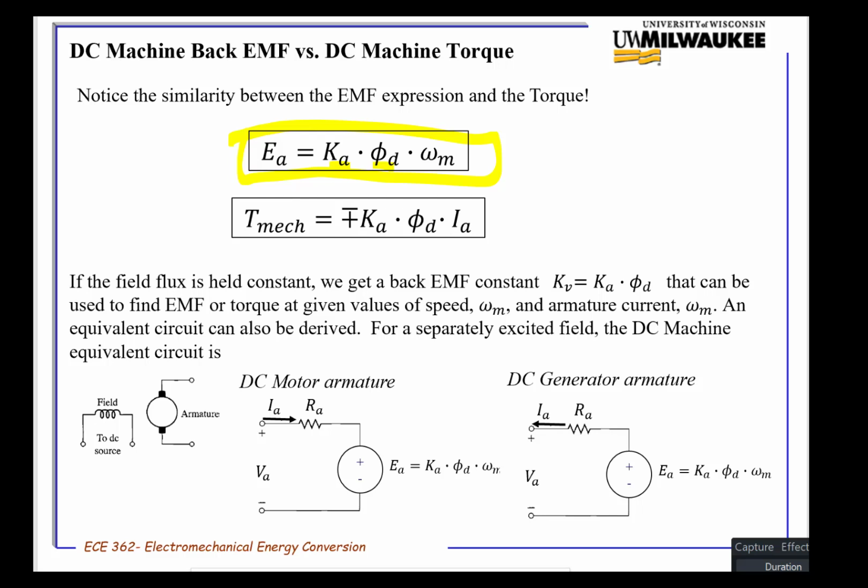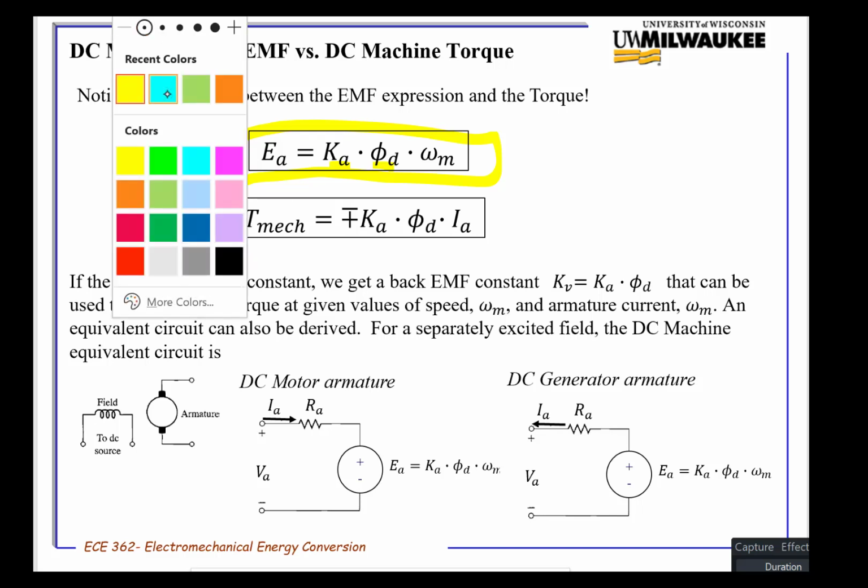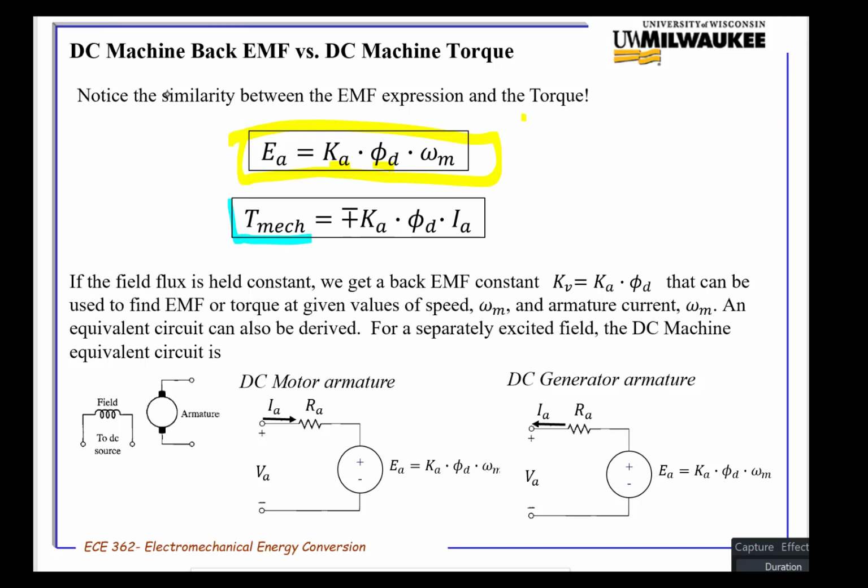Remember, we did torque. Ka times the flux times the armature current gives you torque. So the only difference between these two is speed or current. This is going to make things very simple with the DC machine.